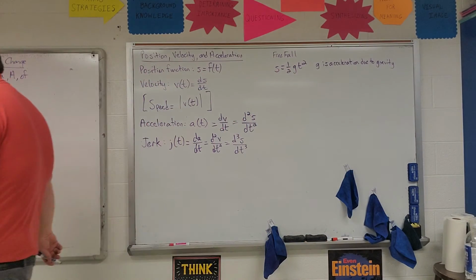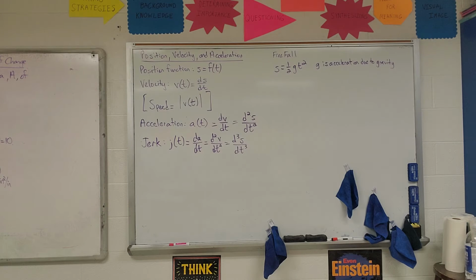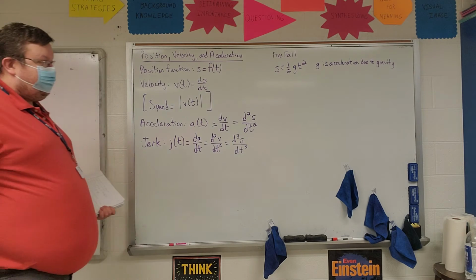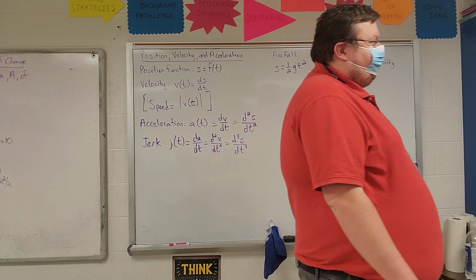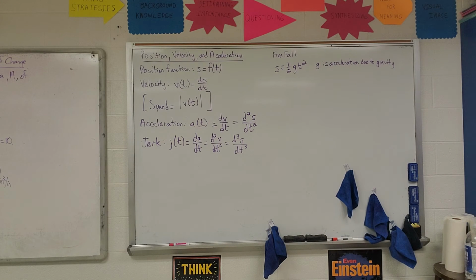It's the acceleration due to gravity. We have some constants for g, because gravity here on Earth is a set amount. So we have some constants for g that we use for free fall.